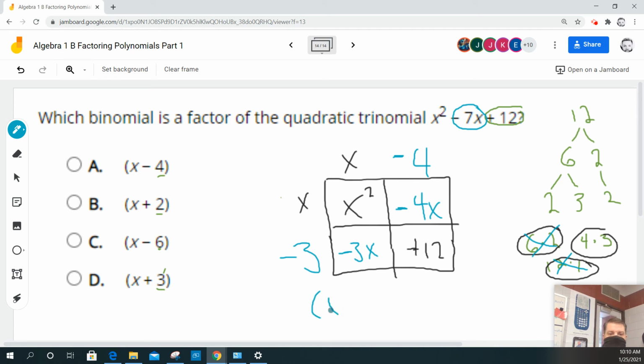So this would be x minus 3 times x minus 4, all right? This one won't work. This doesn't work. This doesn't work, but this one does. This one works.